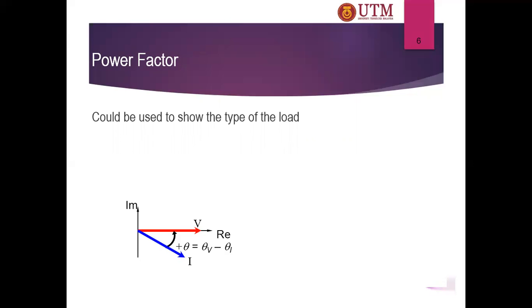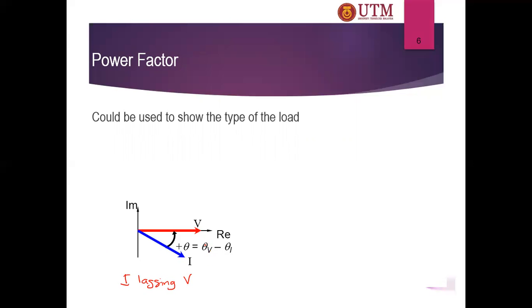Okay, so the power factor. This is the voltage and current in phasor form, and as you can see here, the voltage is leading the current, or normally we say the current is lagging the voltage.